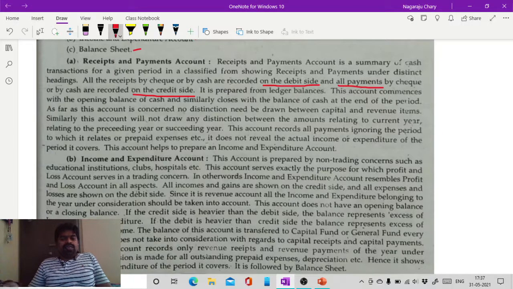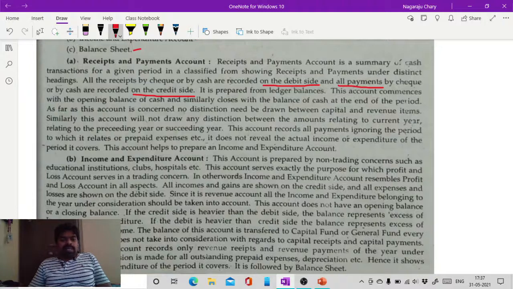A capital item is non-repetitive in nature. The transaction is done maybe once or twice, or sometimes not at all. So whenever we are writing transactions in the receipts and payments account, it may be a capital item or a revenue item; there is no difference.